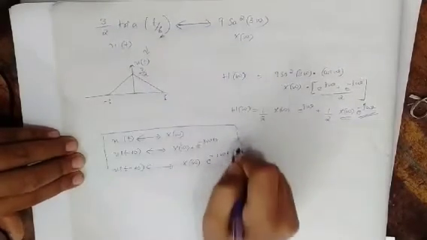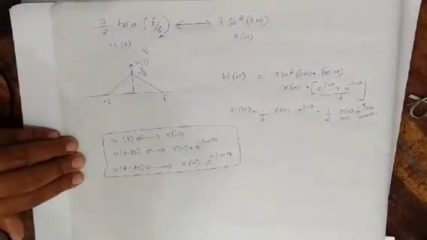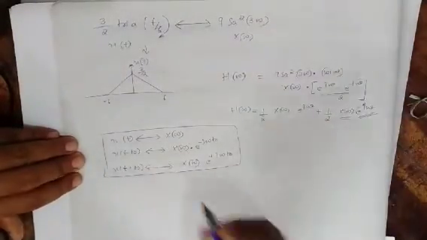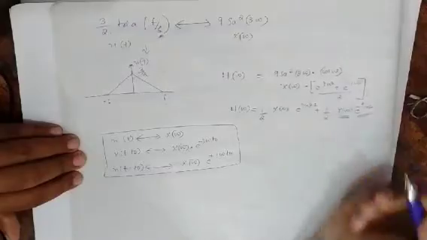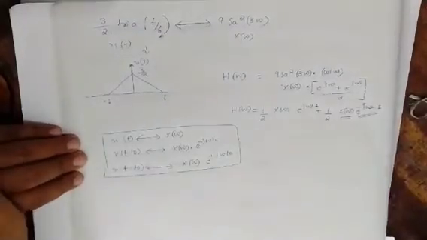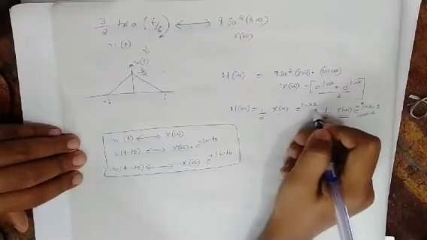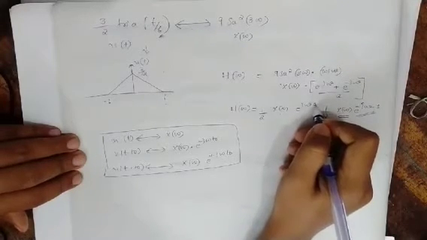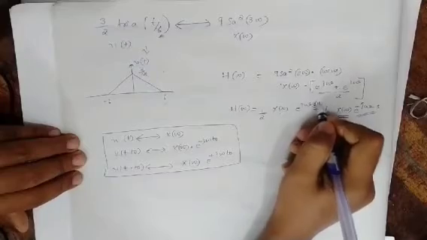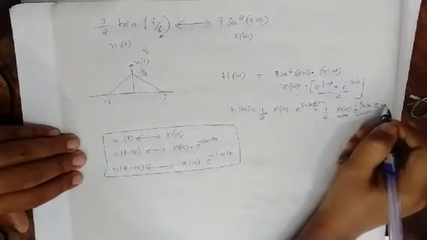So this also is important. Now coming back to the question, this is omega into 1 and this is also omega into 1, right? So x of omega is multiplied by e raised to j omega 1. So here our t0 equals 1, here also our t0 equals 1.